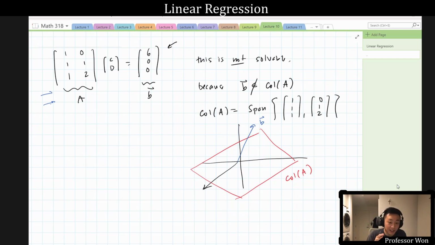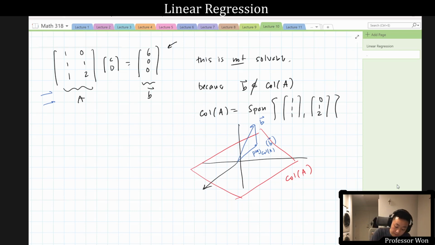But we just learned that instead of solving Ax equals b, what I could do is project b down to the column space. If I project b down to the column space, that's the closest thing in the column space to b, and then that system would be solvable.